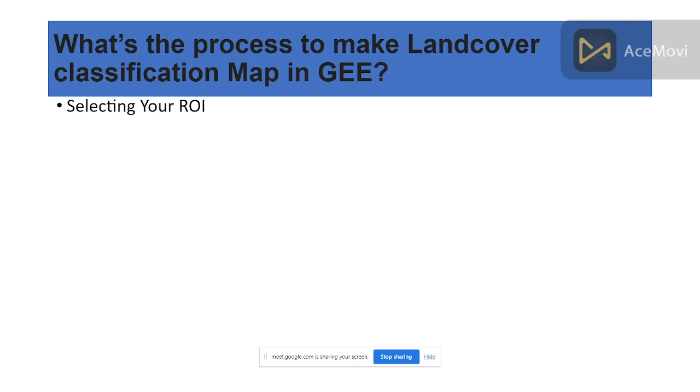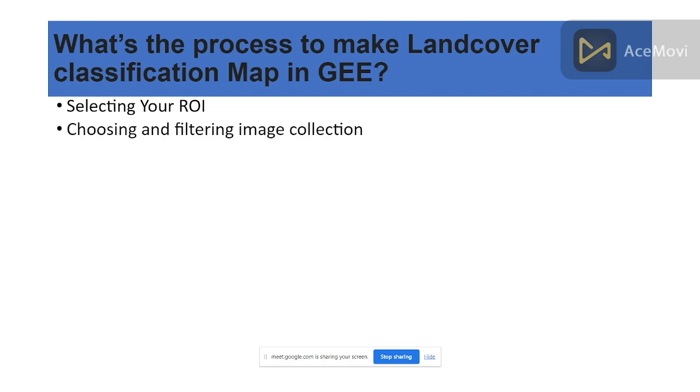Which area do you want to make the land use land cover classification map for? Just simply select this area. This is your ROI. If you want, you can import the boundary shapefile, or you can import a polygon. Anything works as your region of interest.